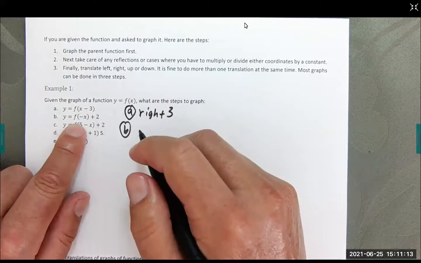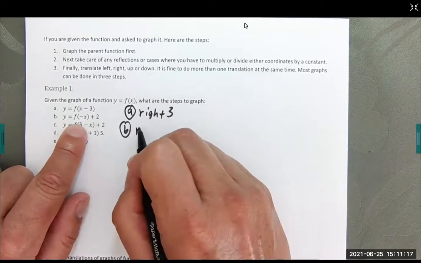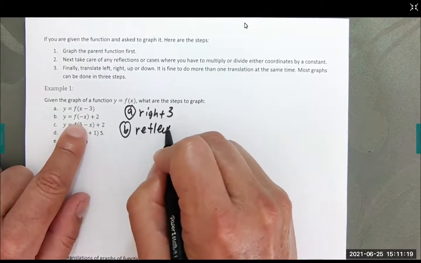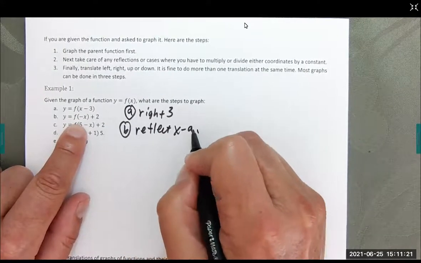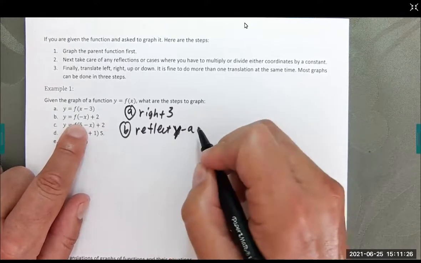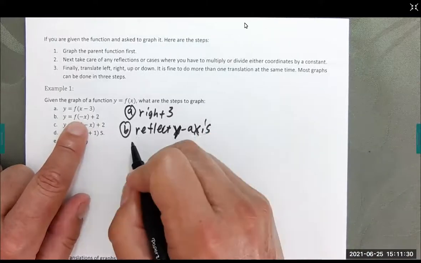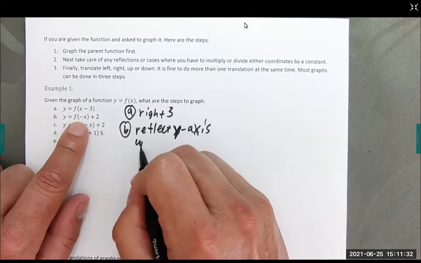B, we are going to reflect the y-axis, because it's -x. And then after you do that, we are going to go up by 2.